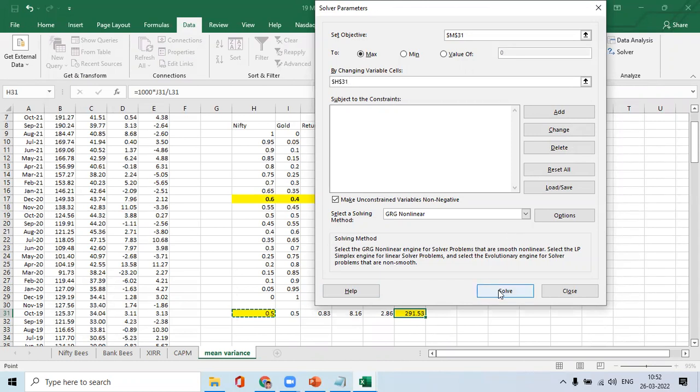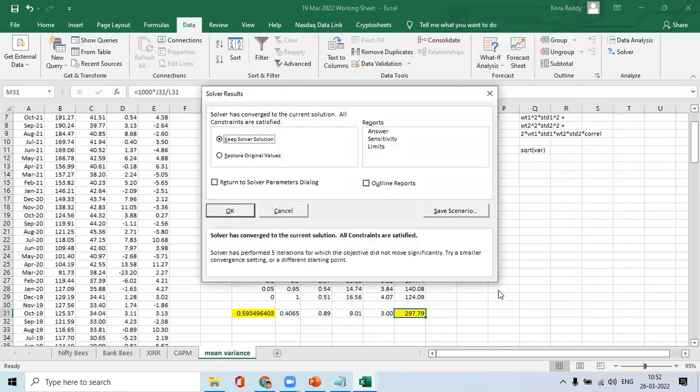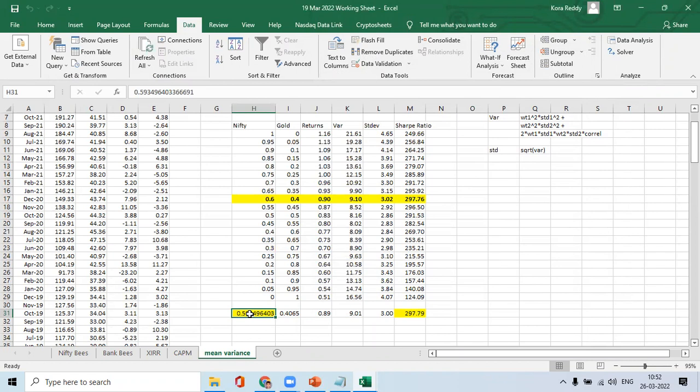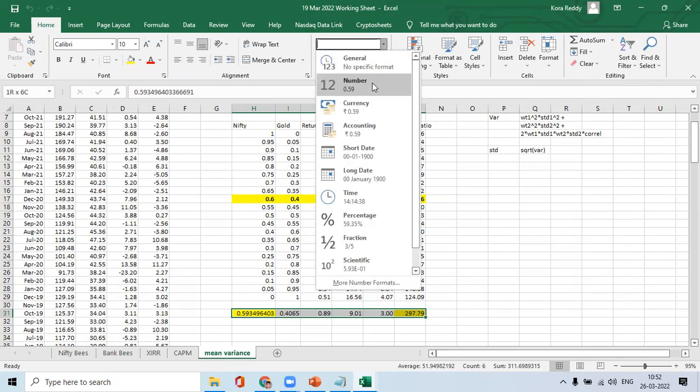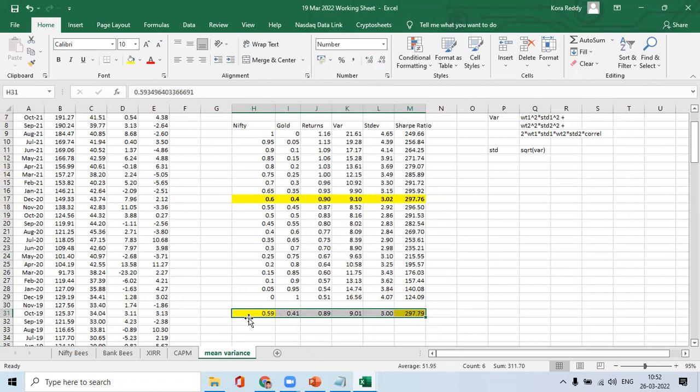So solve, and it throws a new number, right? Earlier it was 0.5. It is changed to, what does it change to? 59%. So that's your highest Sharpe ratio portfolio. So 59% gold, sorry, 59% Nifty and 41% gold.